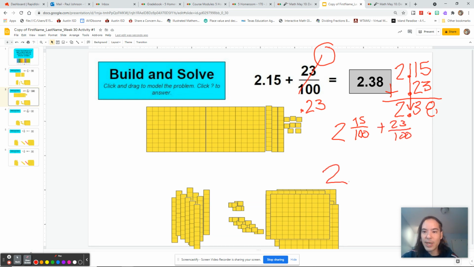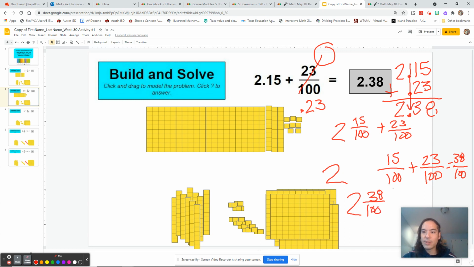We pull the 2 out, and then we do 15/100 plus 23/100, which would make 38/100. And we squish it back together. 2 and 38/100, right? Both of them have the same value and are the correct answer.